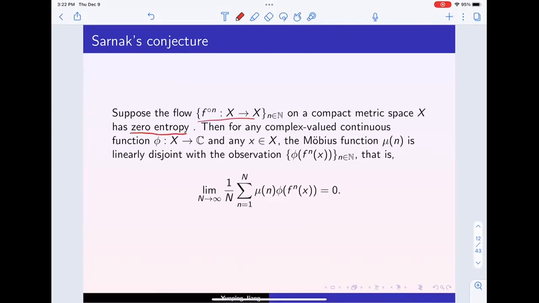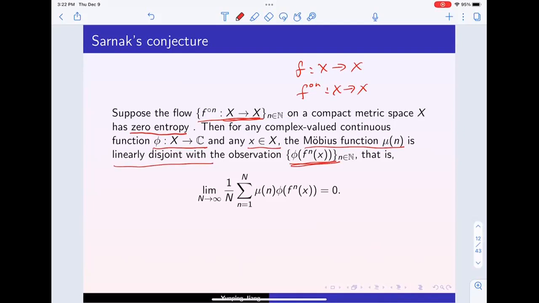Suppose F is a flow, so that means F is a map from X to X. Then you iterate it, and you get a flow on a compact metric space. Usually we think about a continuous flow. Then for any complex valued continuous function and any x, the Möbius function is linearly disjoint with this observation.